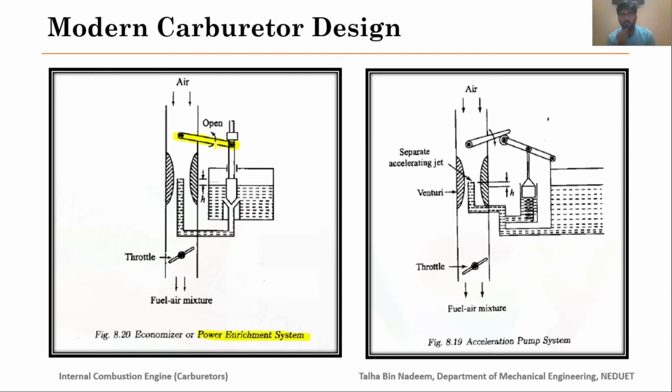This link system opens the plunger, and then some additional fuel will flow from this power enrichment jet into the venturi throat.